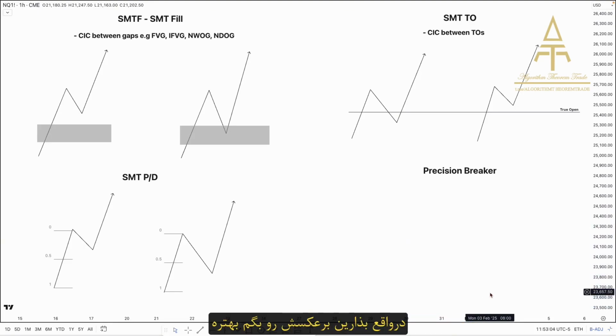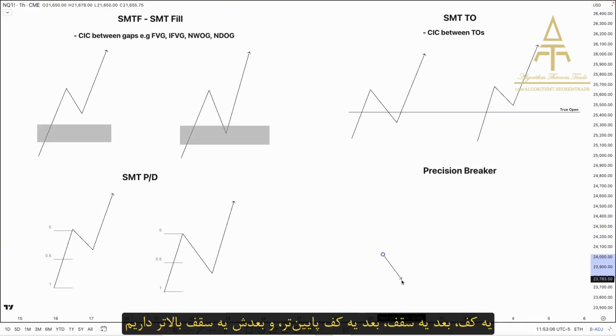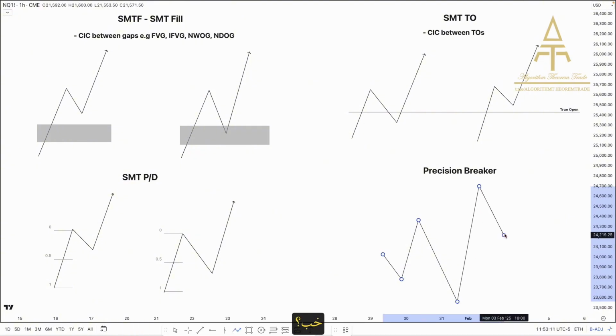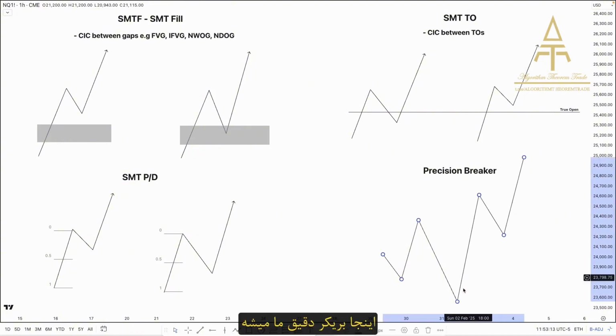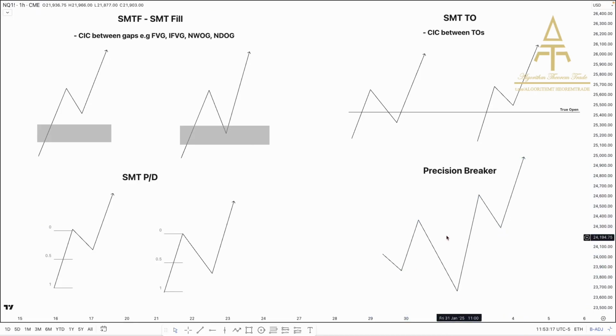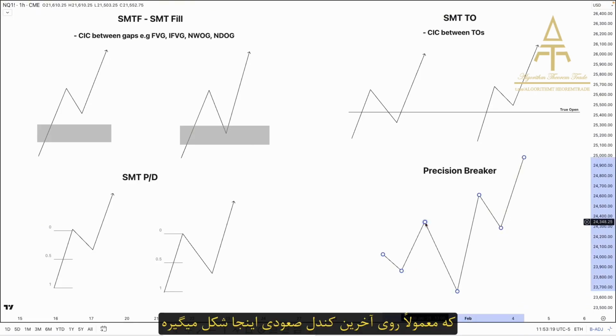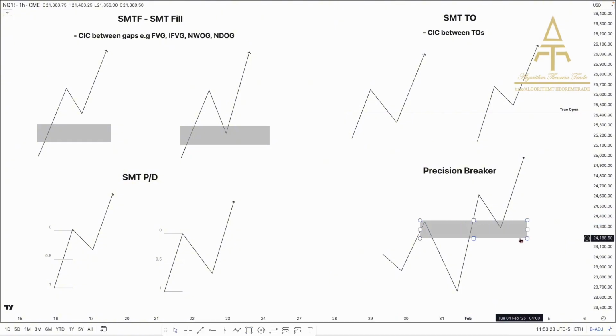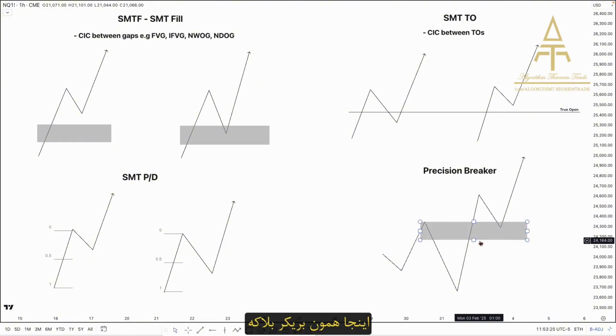Actually, I'll do it the other way around. We have a low, a high, a lower low, and then a higher high. Okay, this is our precision breaker, our typical breaker block, with it being on the last up close candle here. This is our breaker block.